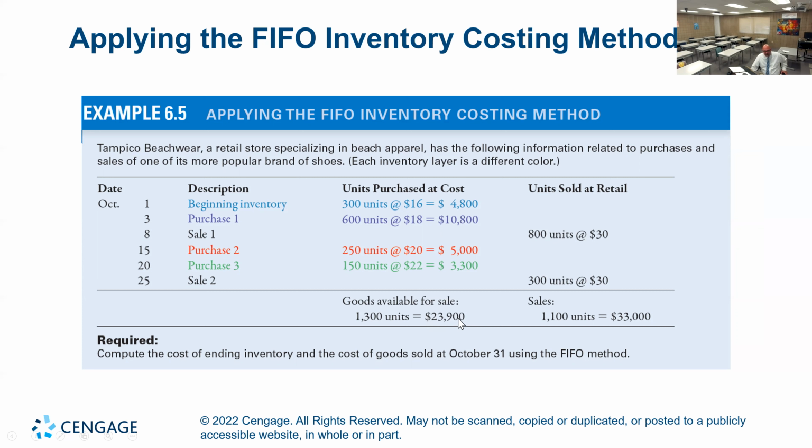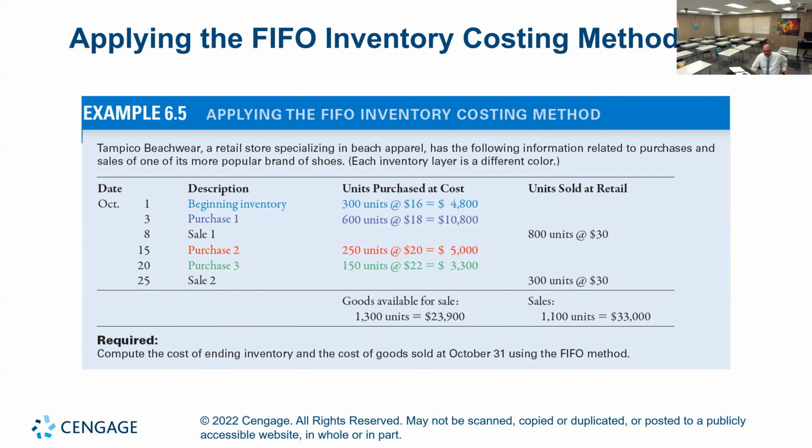So our goods available for sale should be the first thing we calculate. We have 23,900. Now, if I want to determine my cost of goods sold or my ending inventory, I just have to find one or the other.